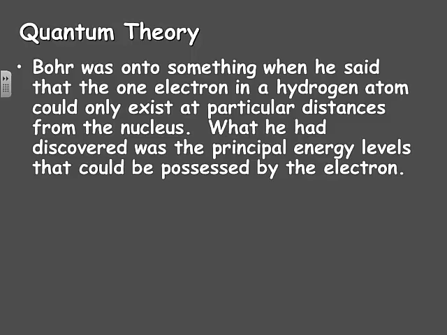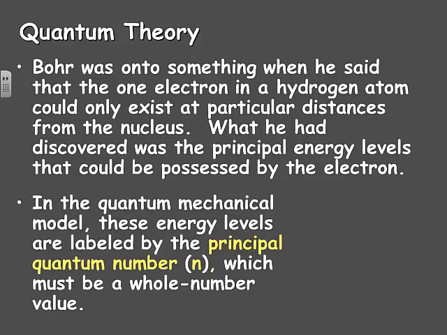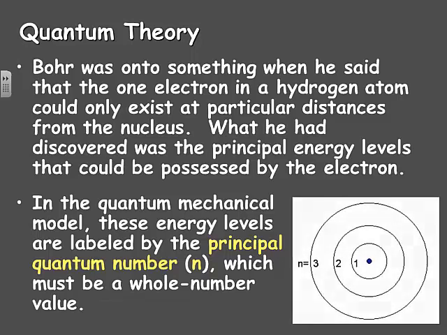Now, Bohr was on to something when he said that the one electron in a hydrogen atom could only exist at particular distances from the nucleus. What he had discovered was the principal energy levels that could be possessed by the electron. In the quantum mechanical model, these energy levels are labeled by the principal quantum number, written as a letter n, which must be a whole number value.